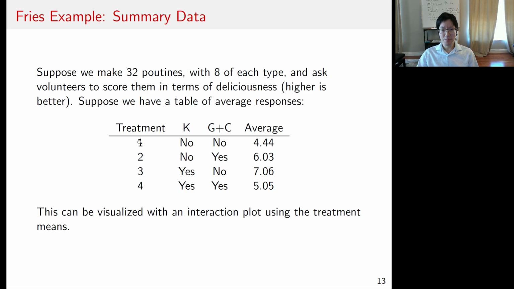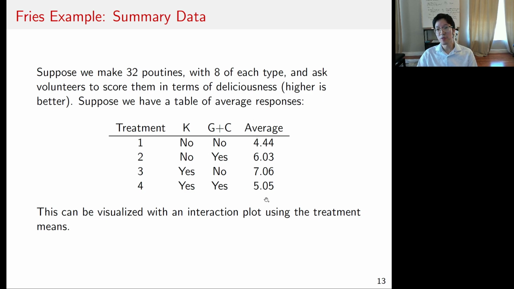Okay, so there's the hypothetical table. So suppose each of these numbers is the average of the 8 people who were assigned that treatment, and they gave a score 1 to 10 of how delicious it was.